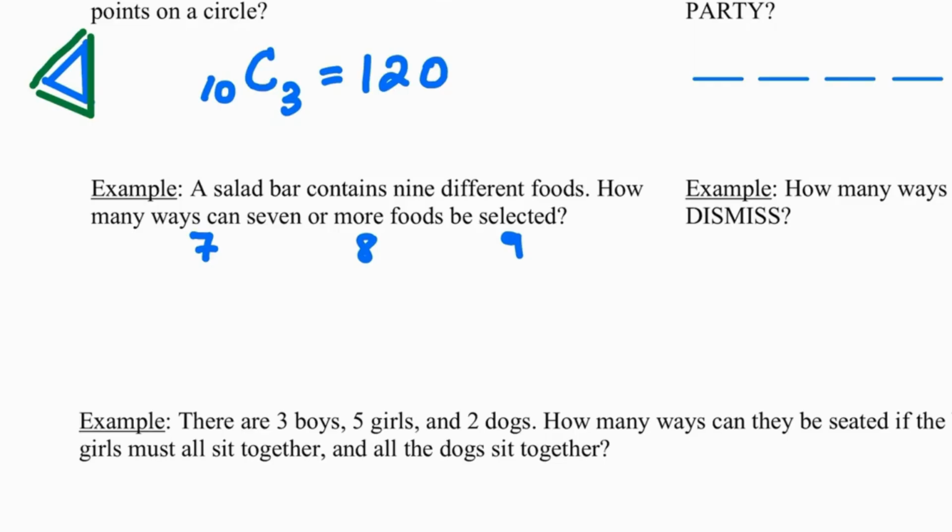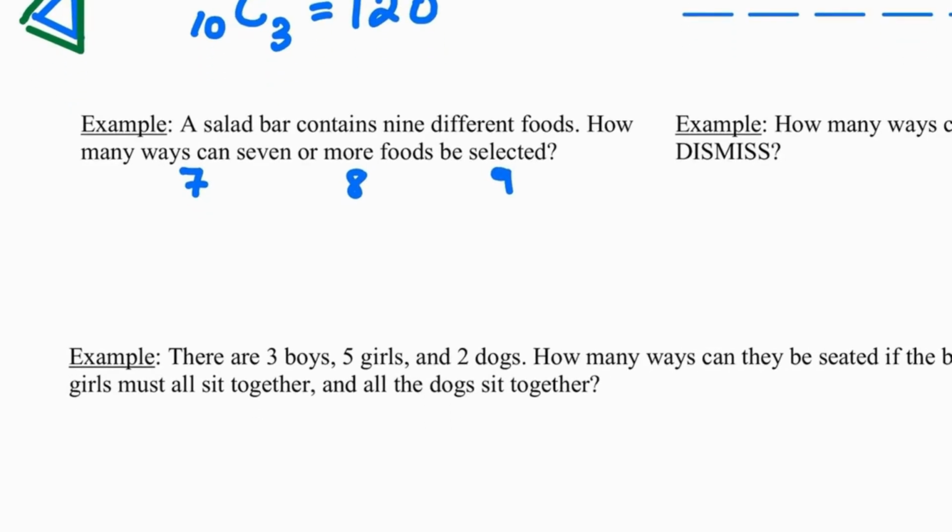Let's think about it. Does it matter the order that I put things on my plate? If I put salad, then croutons and cheese, is that a different salad than putting croutons and cheese and salad? No, that's the exact same thing. So order doesn't matter. You might be judged a little bit if you put croutons first and then cheese and then the lettuce after that, but right now you're not being judged.